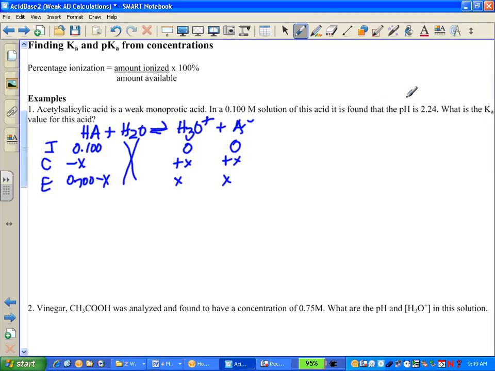So the pH of this solution that we've made is 2.24. From that information, we can find the concentration of the H3O+. So the concentration of the H3O+ is 10 to the minus pH, or 10 to the minus 2.24, which is equal to 0.00575.